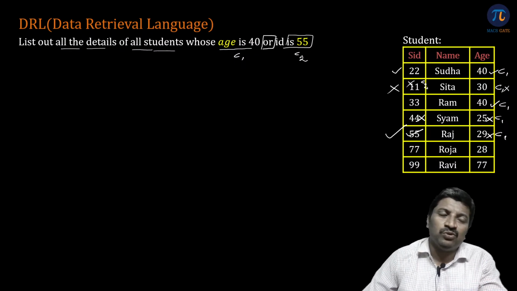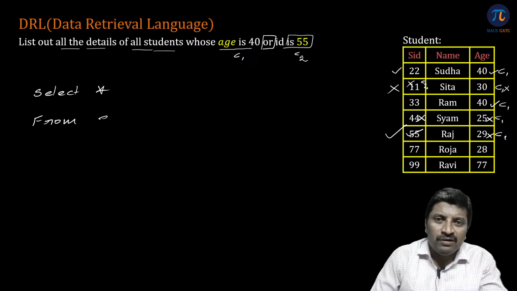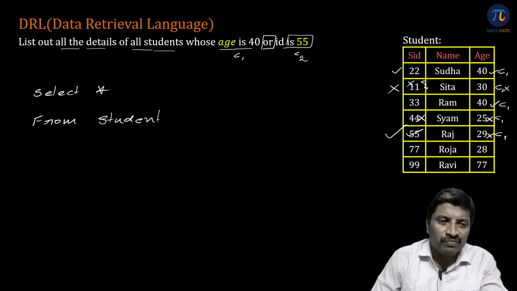The same you can do for the remaining. So how to write it, sir? Select, I need all the details from, what is the table name? Student. For which records?